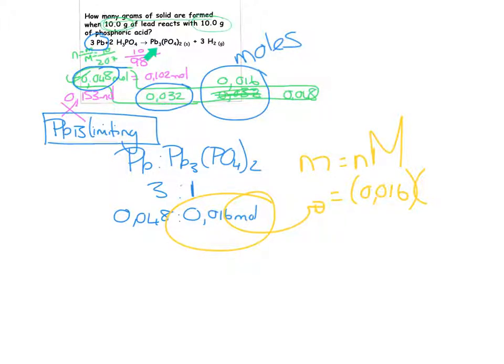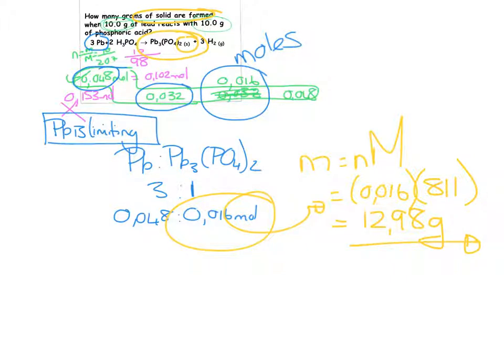It's going to be 207 times 3 plus 2 times 31 from the phosphorus and 8 times oxygen. And altogether that comes to 811. Those leads are very heavy, and I land up with 12,98 grams of what? Solid being formed, the solid being the lead phosphate.